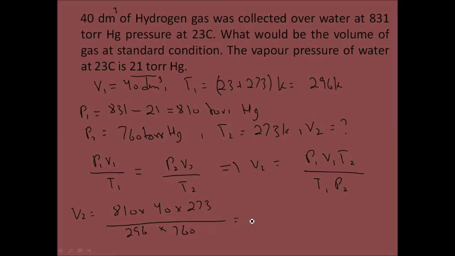By using our calculator, we have the value 39.32 dm cube. And this is the simplest calculation of the general gas equation.